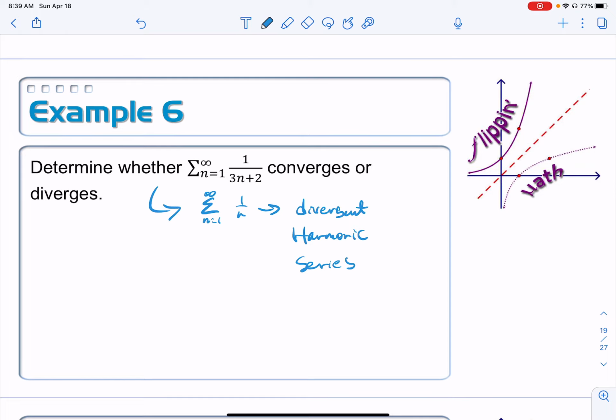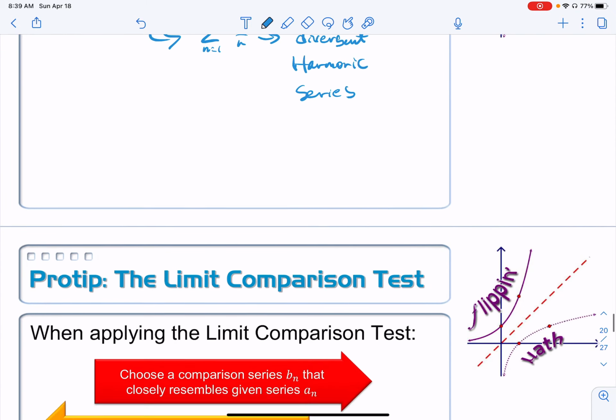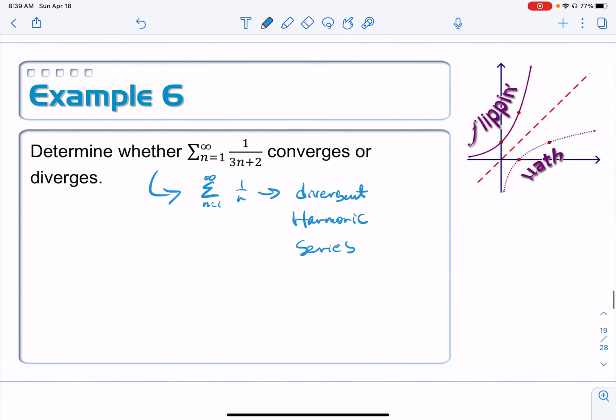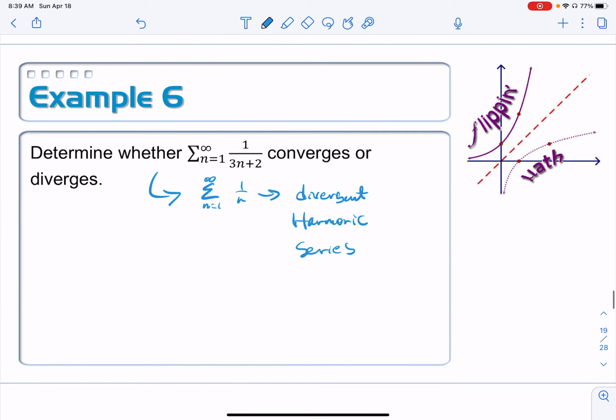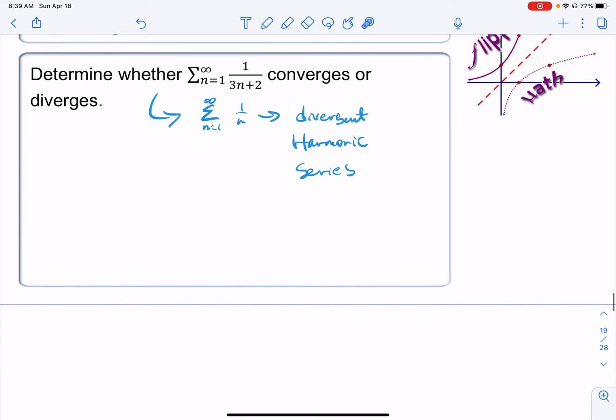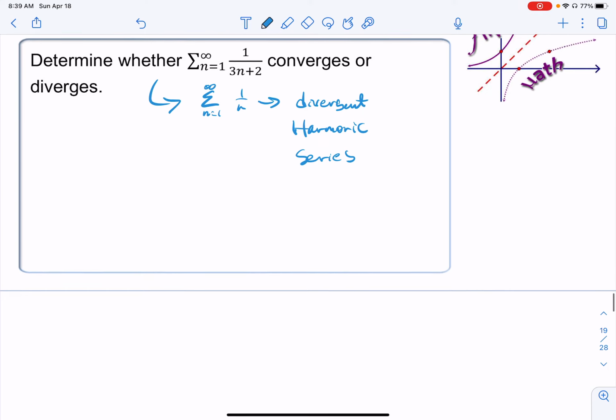All right, so let's add an extra page in here. I do not have to establish an inequality. I just need to make sure that these terms are positive, which they are. I declare this one as being divergent, and then I'm going to take the limit as n goes to infinity.